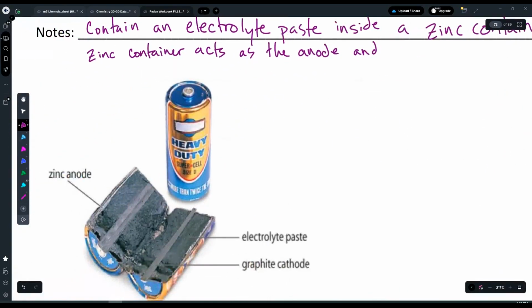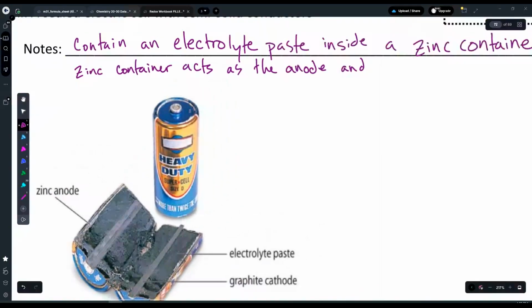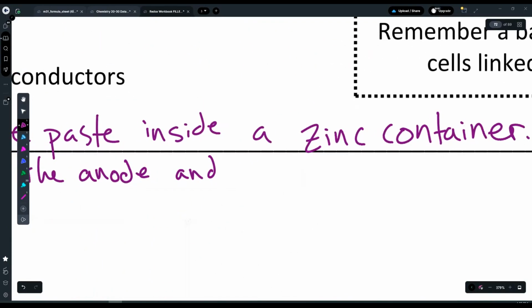And in the middle, there's a graphite cathode. So basically, the electrolyte paste is just a medium through which electrolytes can move to get from the anode to the cathode.